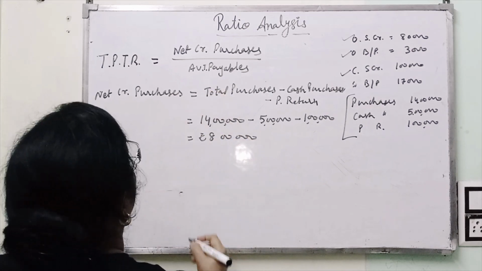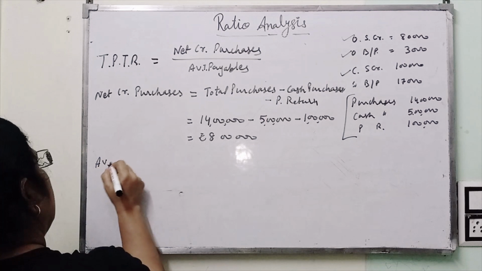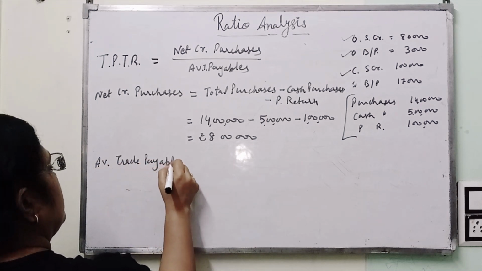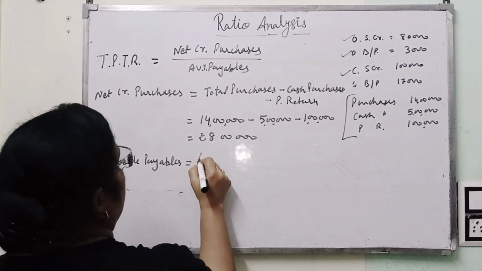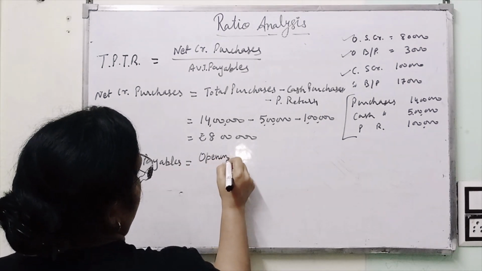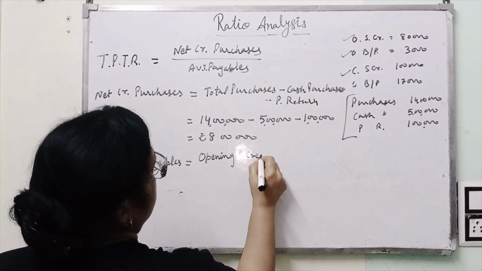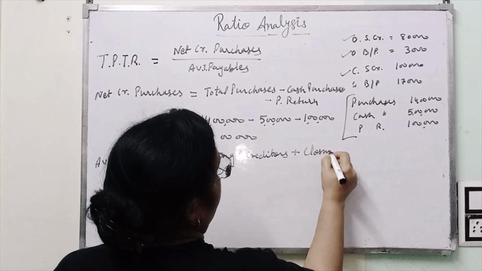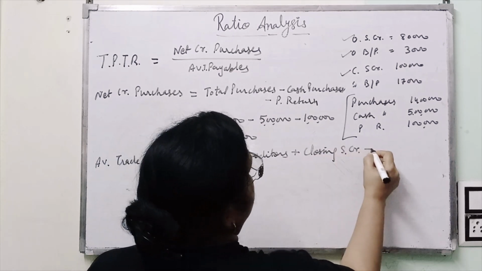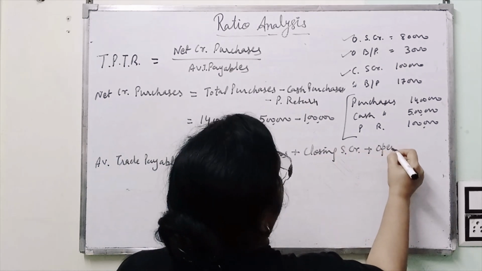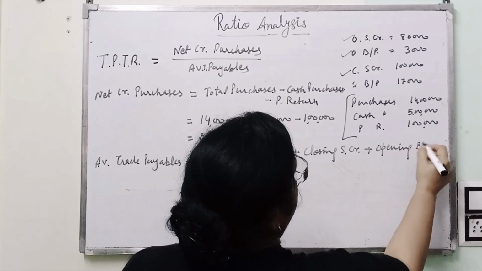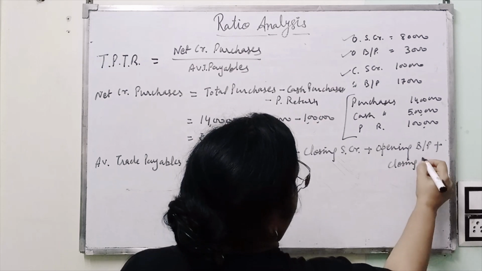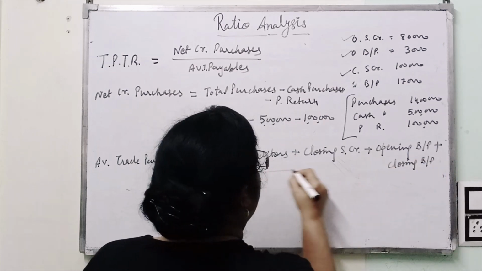In the same way, we have to calculate average trade payables. Average trade payables are opening sundry creditors plus closing sundry creditors plus opening bills payable and closing bills payable, divided by 2.